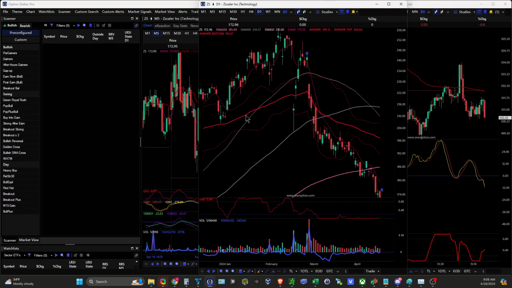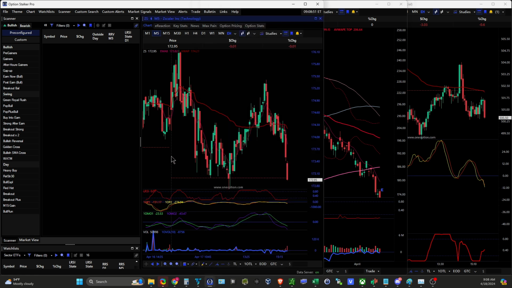Okay, so now we're going to get into some indicators that some are exclusive to Option Stalker, some are not. Actually, only one of them is not, the rest are. I love these indicators, and I'm going to explain why.